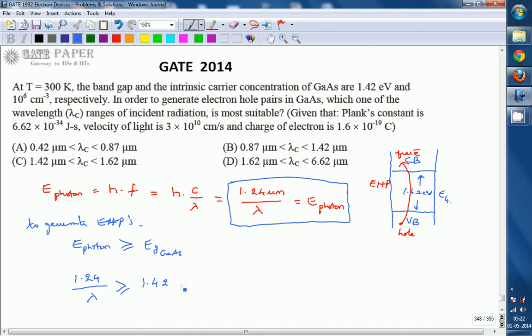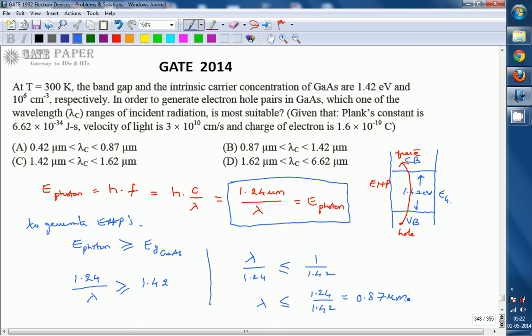So from this we can write that lambda by 1.24 should be less than or equal to 1 by 1.42. That is, lambda should be less than or equal to 1.24 divided by 1.42, which is around 0.87 micrometers.